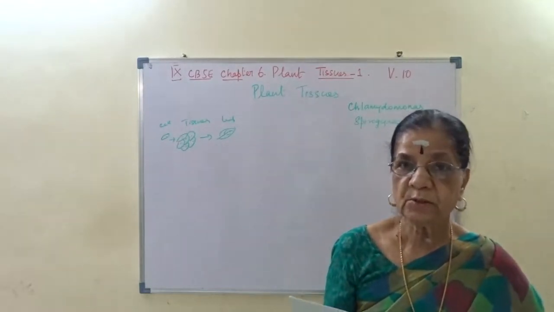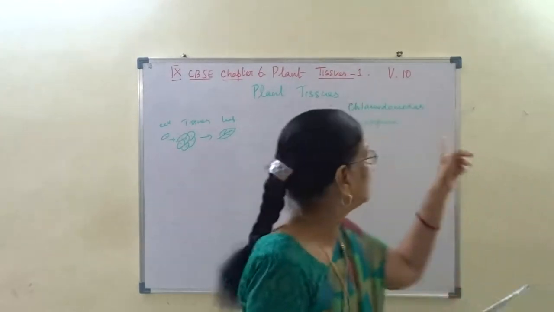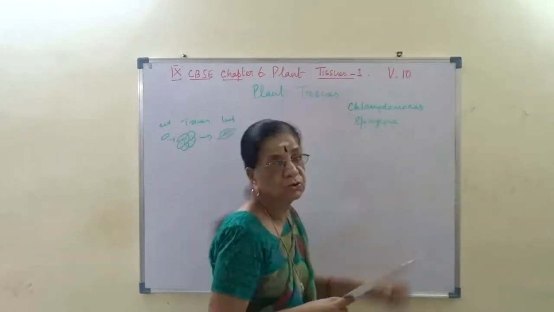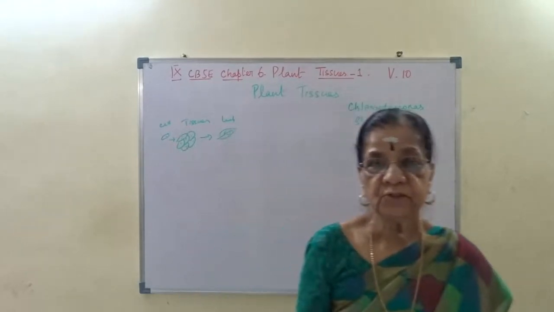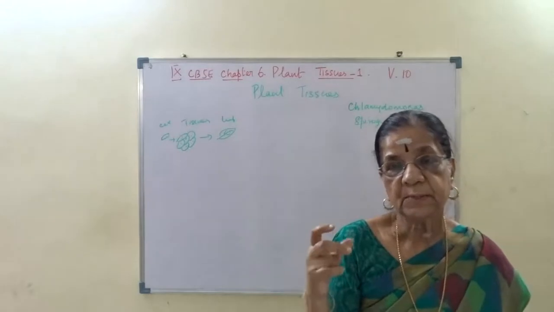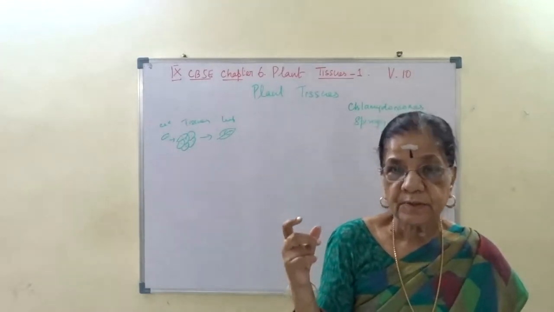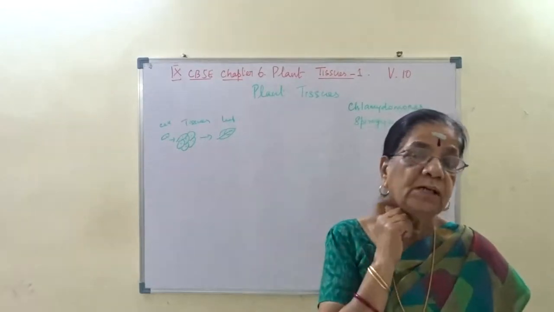Only thing, now we are going to learn about plant tissues as video number 10, plant tissues 1. Animal tissues we learned in 3 parts. Part 1 was epithelial, muscular, nervous and blood tissue.